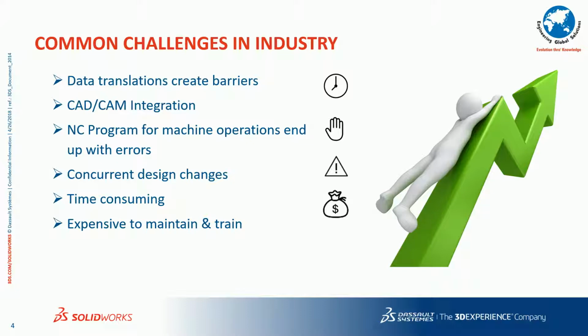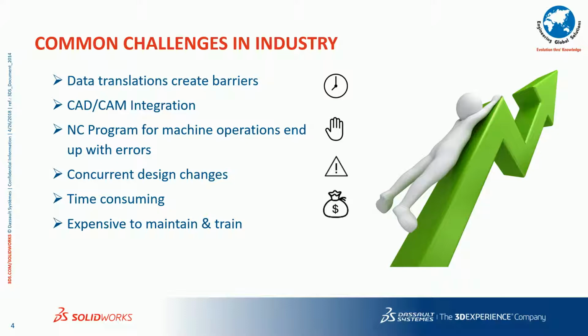Also, creating the NC program for the machine operation is a tedious job in the traditional method, done manually, whereas here you can do it automatically. Once a design change occurs, you need to create all of those things again from scratch, so how can that be reduced?